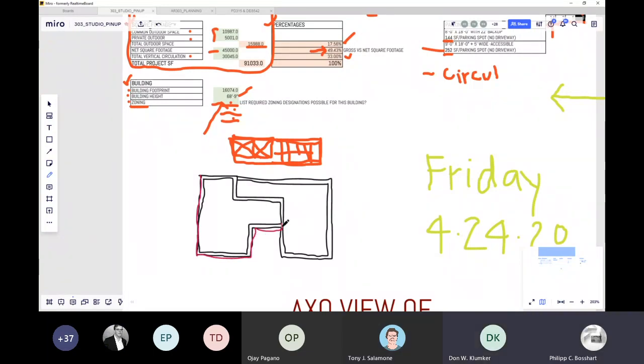I forget what the term is for the leasable space. It's real estate related, which will be minus the walls. So for us, it's walls included.